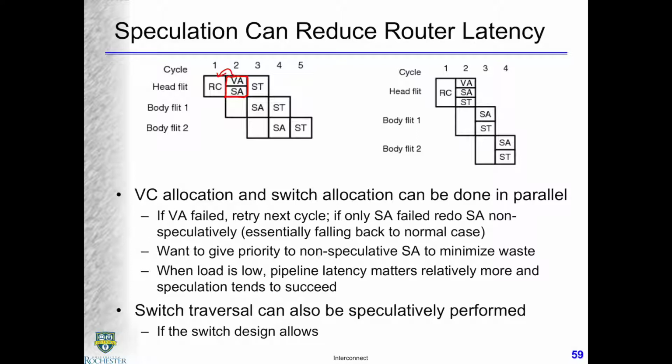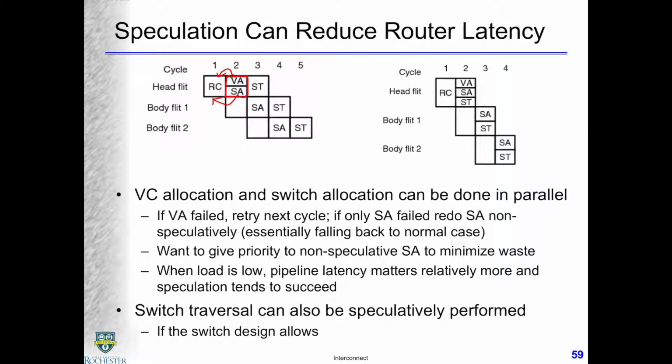You can't do switch allocation until you know which output channel you want to go to. So these 2 all depend on RC, but SA does not necessarily depend on VA, okay? It does in the sense that otherwise you're allocating prematurely, and that can be a waste of resource.